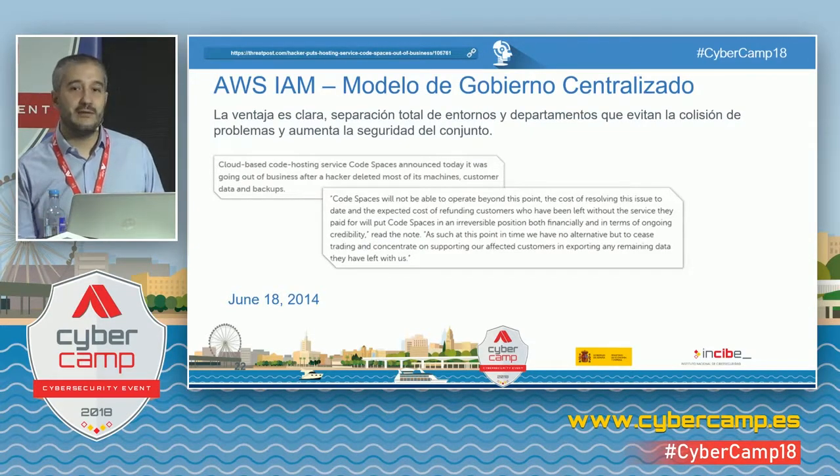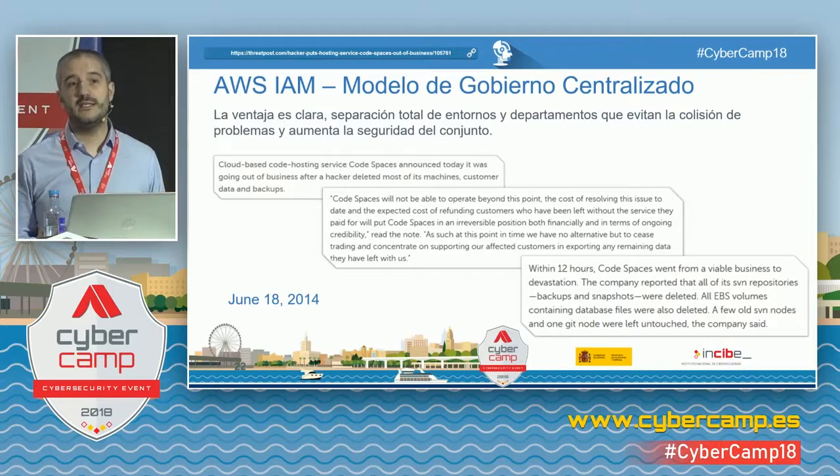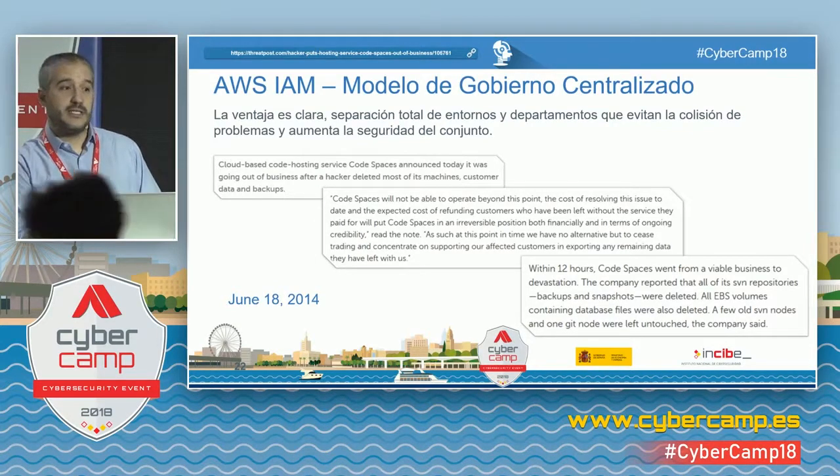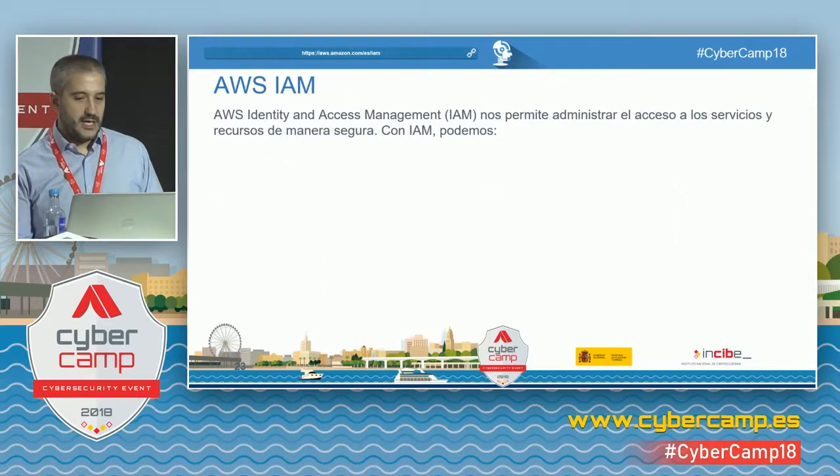The machines, the hard drives, user details, backups, everything. What can you do in a situation like that? Nothing really. If your recovery capabilities were part of that account, in that situation where the root account has been stolen, then there's nothing that can be done. In just a period of 12 hours, that poor company had to close down.